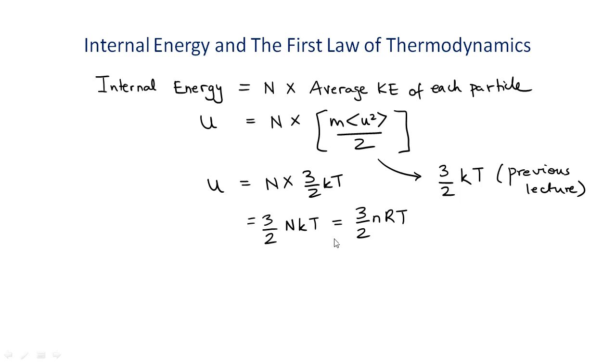The actual expression for the internal energy is not the same for a polyatomic ideal gas, and we will understand the reason for that later in the course. Using the ideal gas law, the internal energy of an ideal gas can also be written as U is equal to 3 by 2 PV.